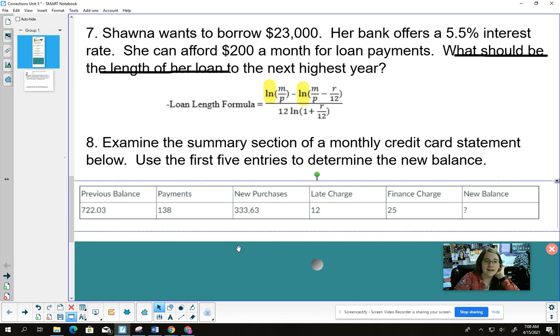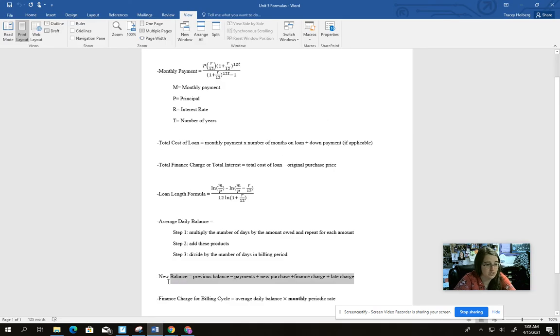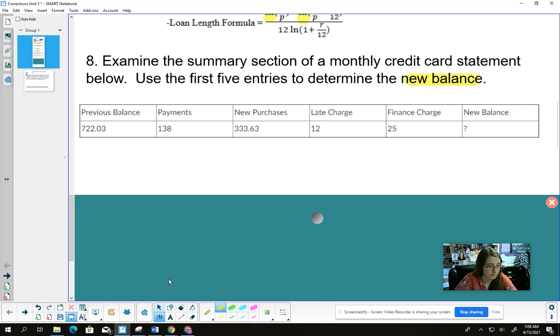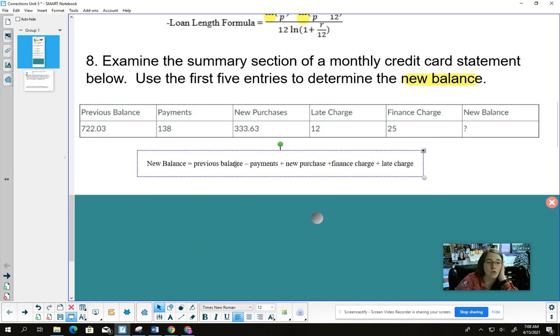Okay, so for number 8, this actually did have a formula as well. New balance is actually here on your formula sheet near the bottom. So if you notice, it goes in the order that's listed, or pretty much at least.